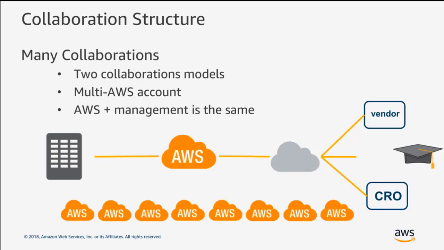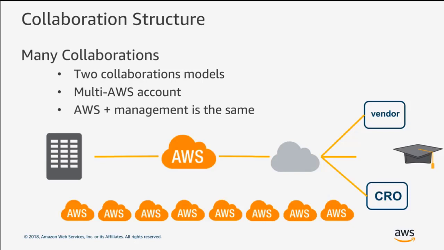And there are a number of different collaboration models that are available. Everything from spanning multiple AWS accounts to operating within one account and utilizing the management tools that are available. The nice thing is that the management tools are consistent no matter which model is chosen.